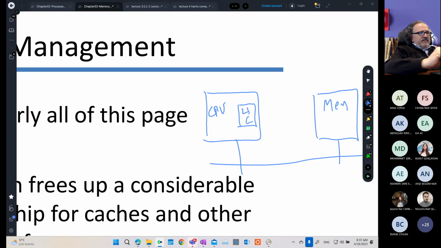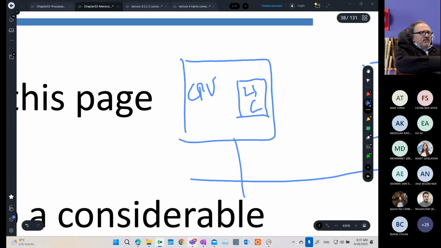How come we never talk about how to manage the data inside the cache in the operating system? For example, when we talk about this memory stuff, we talked about the hierarchy of memories.